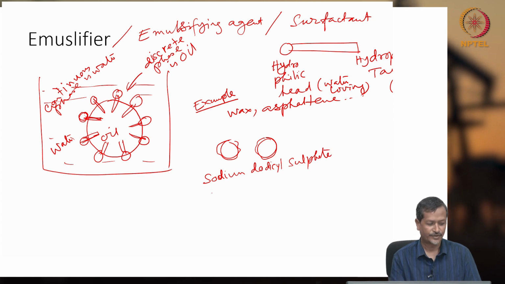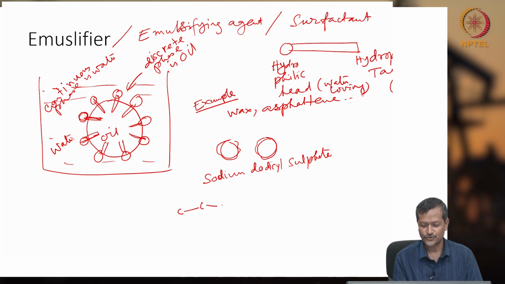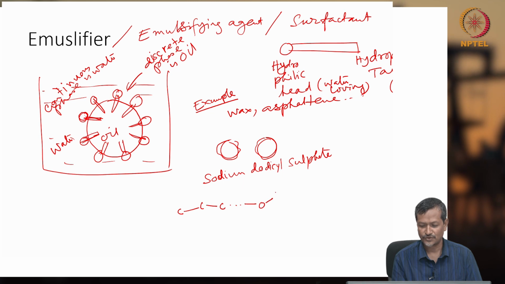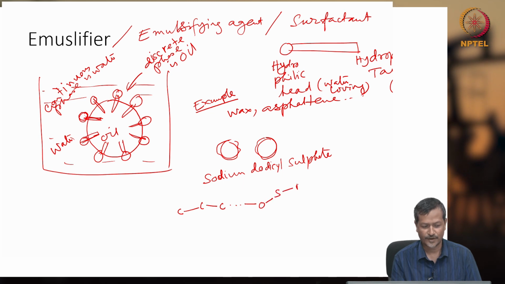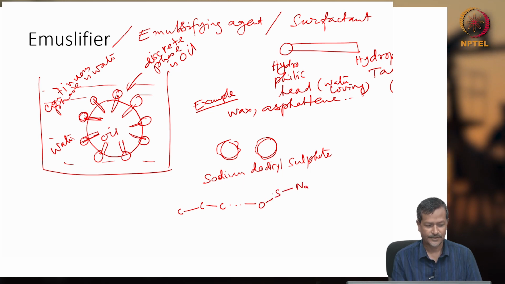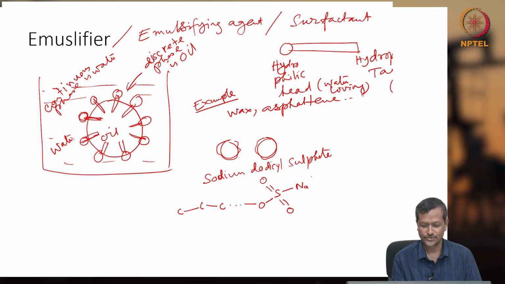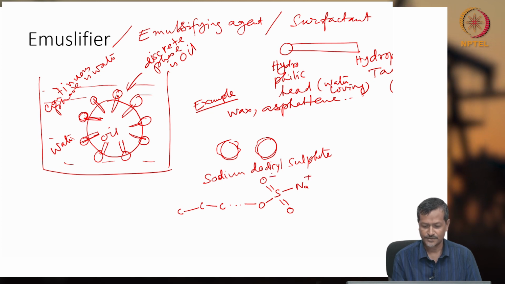Sodium dodecyl sulfate. So in that case, what happens? You have carbon atoms, so it will be a chain. Okay, so the final chain will be connected to oxygen, oxygen to sulfur, sulfur to sodium, and sulfur has valency like oxygen, oxygen, and sodium plus, oxygen minus.